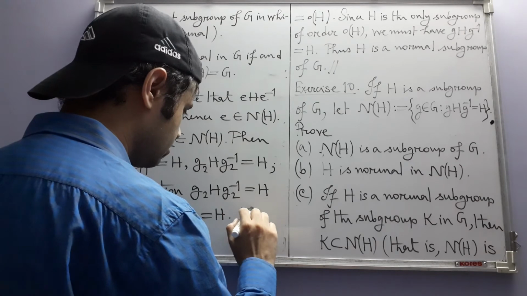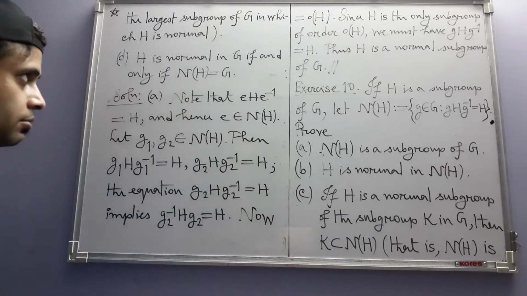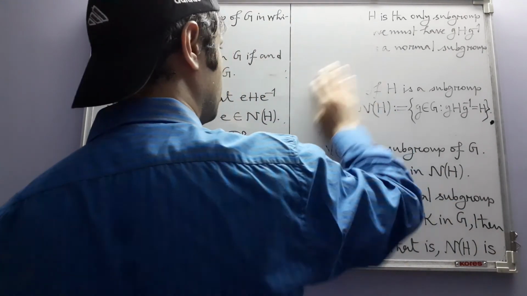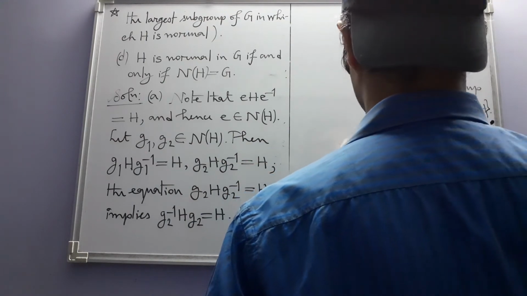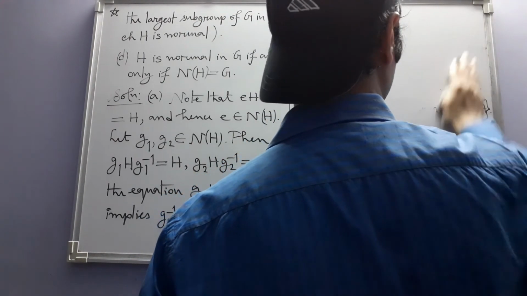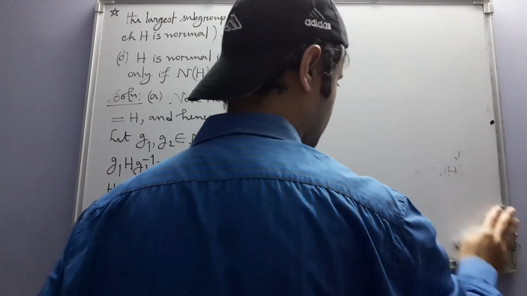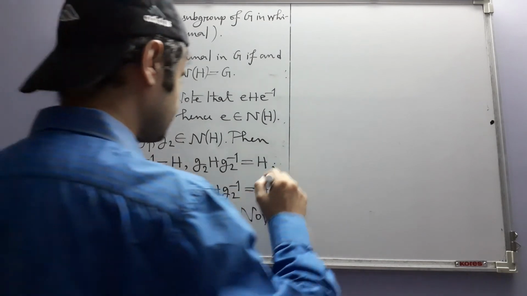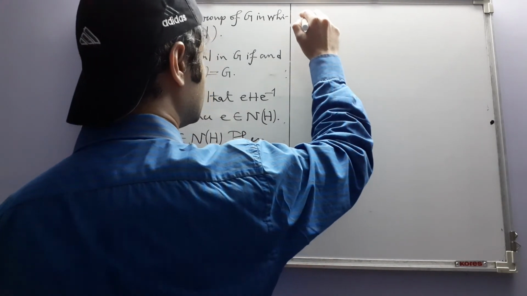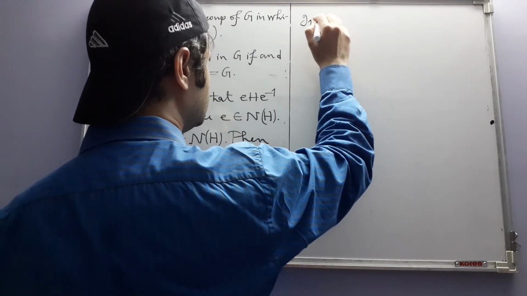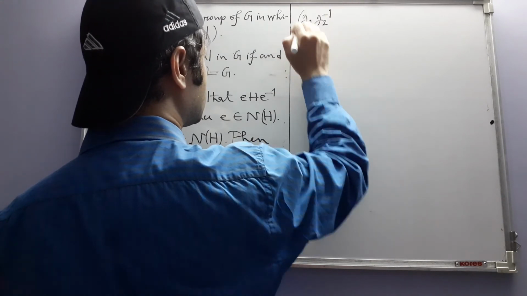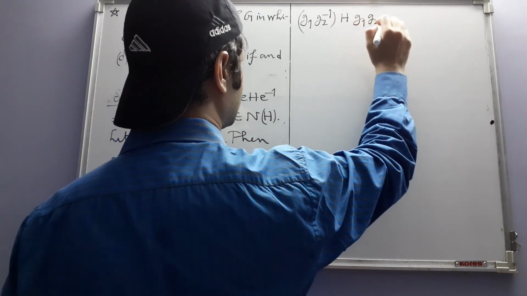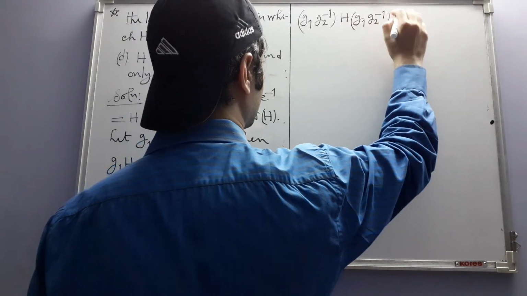Okay, now G1 G2 inverse H G1 G2 inverse whole inverse.